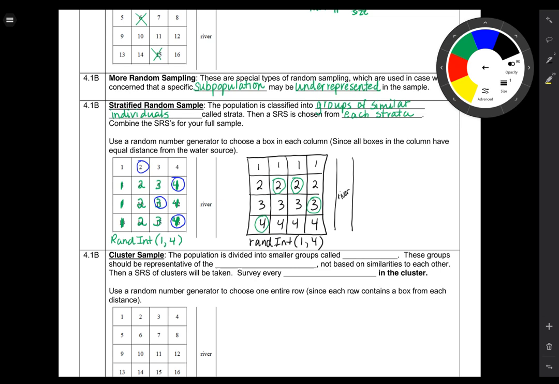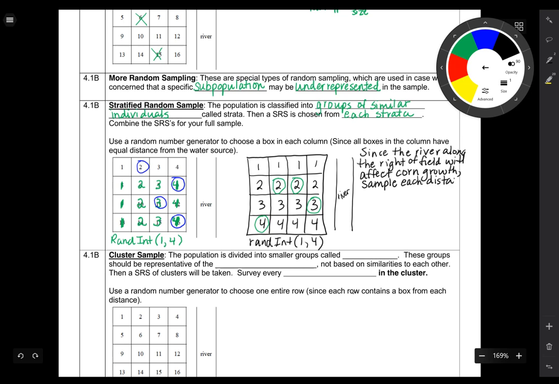But since the river along the right of the field will affect growth of corn, you want to sample each distance from the river.